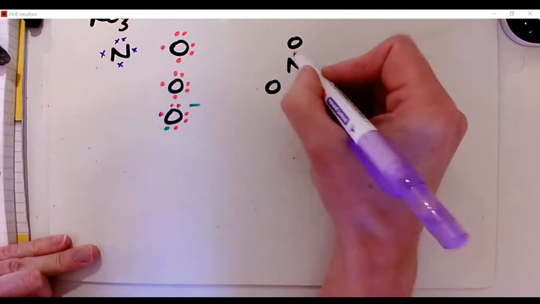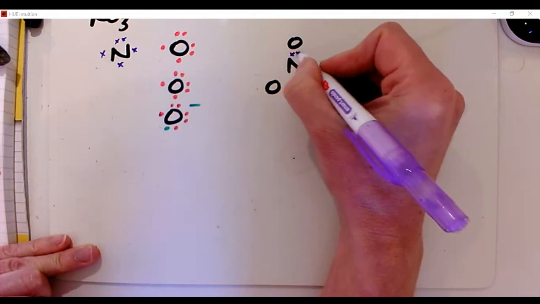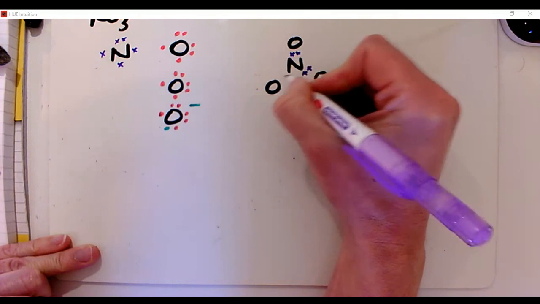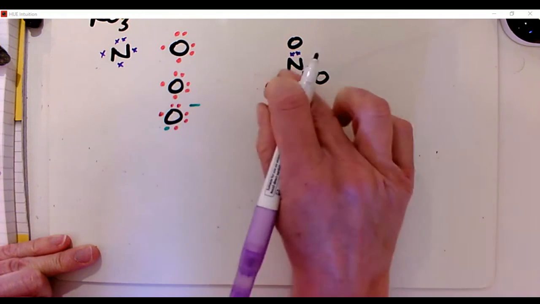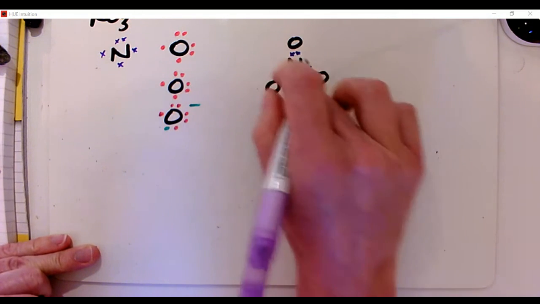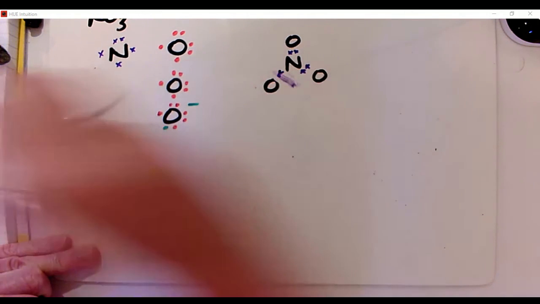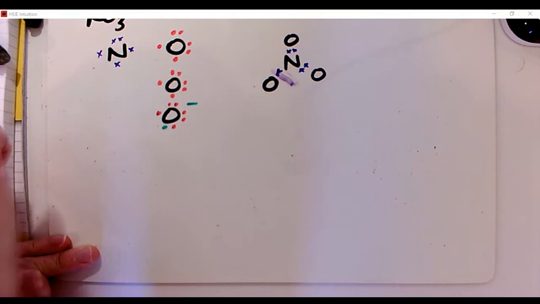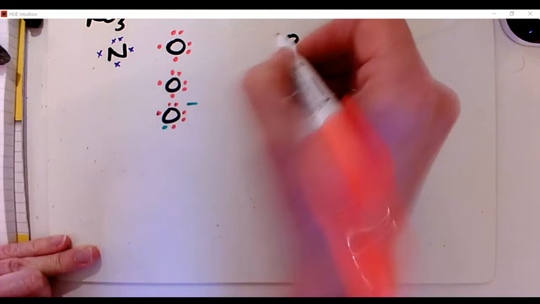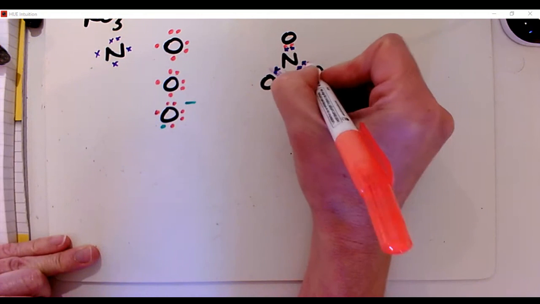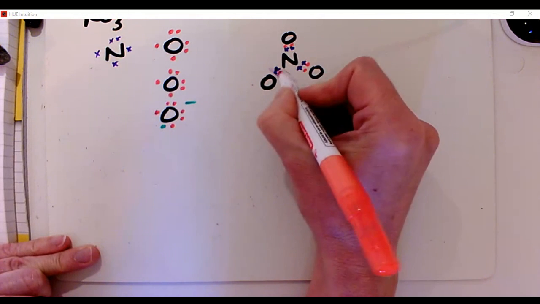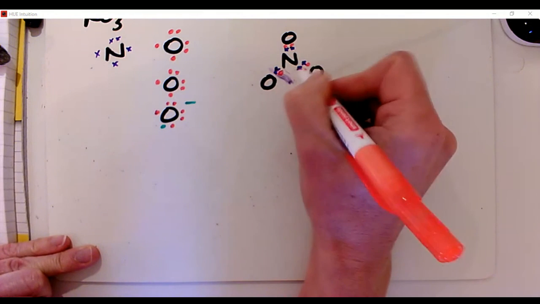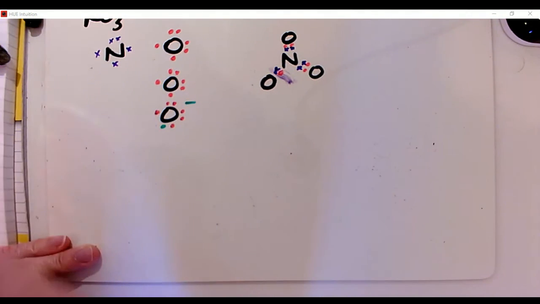Nitrogen, all 5 of its electrons are going to be involved in bonding. So let me leave room for the oxygens' pairs. So 2 doubles, 1 single, no coordinate bonds.